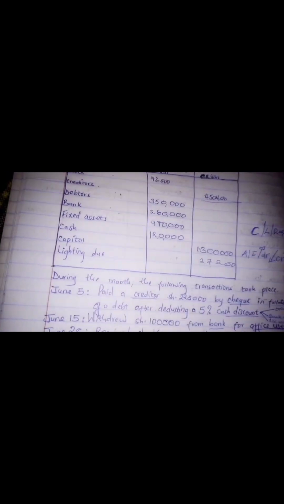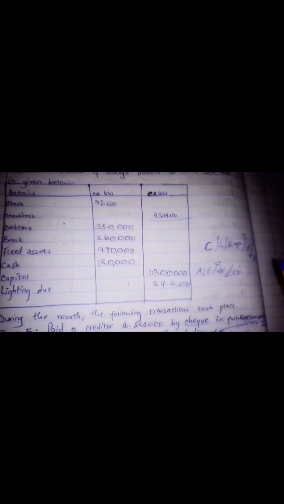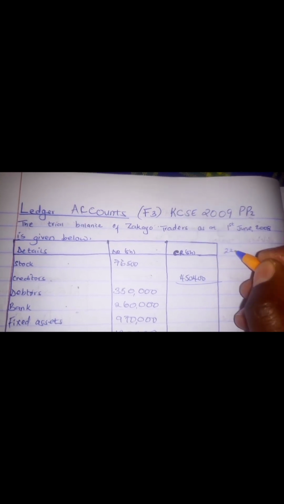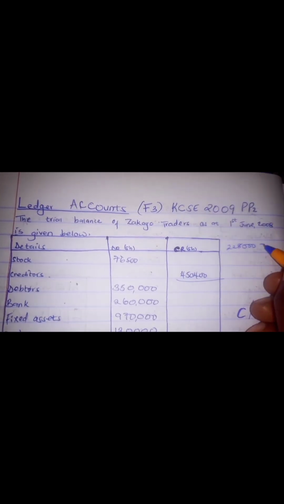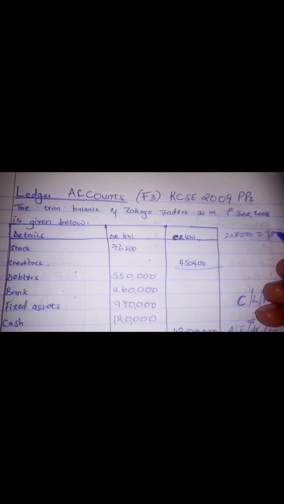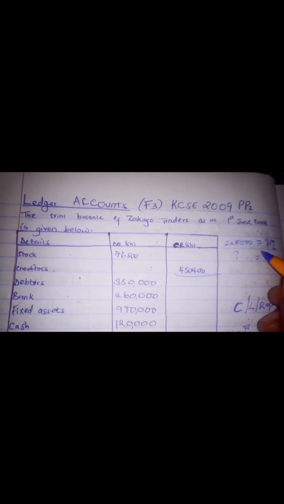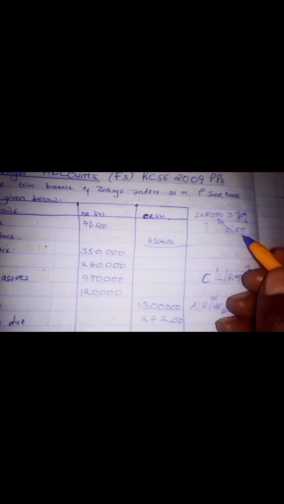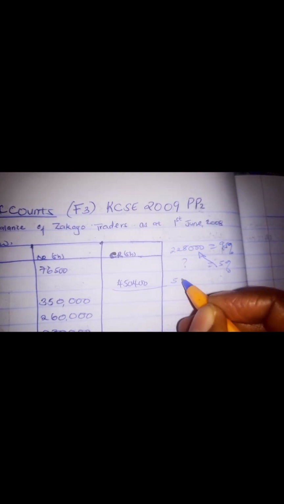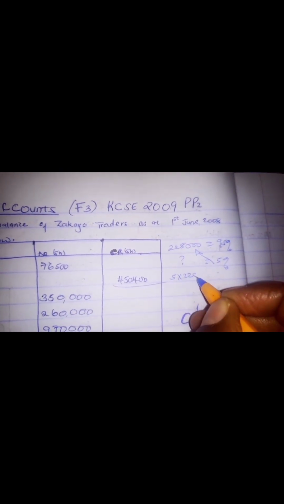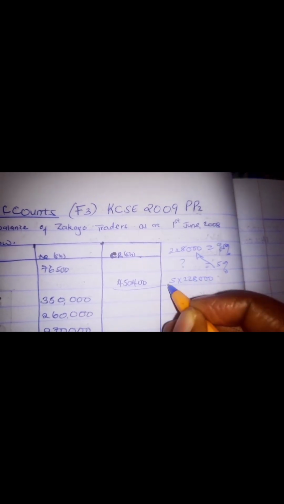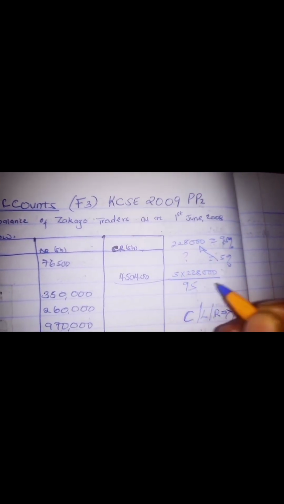So learners, at this point, we have to do some calculation. Our 228,000 is 95%. So what will 5% be? We cross multiply: 5 times 228,000 and everything divided by 95.